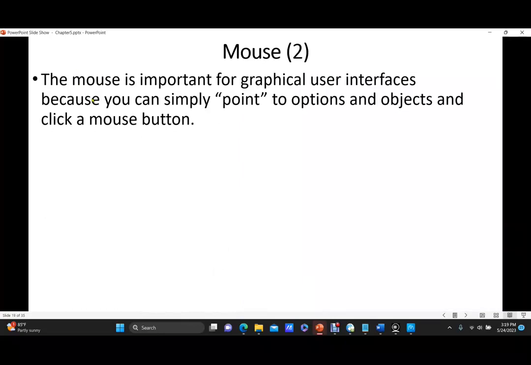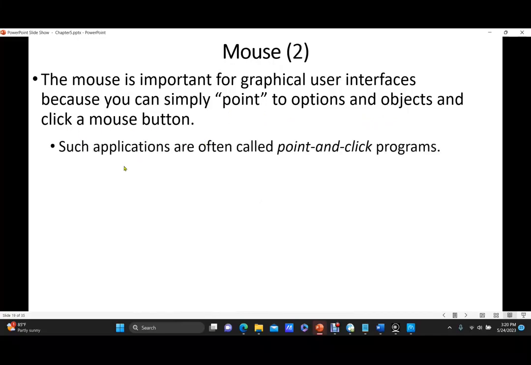The mouse is important for graphical user interfaces because you can simply point to options and objects and click a mouse button. Applications that use this are called point and click programs.